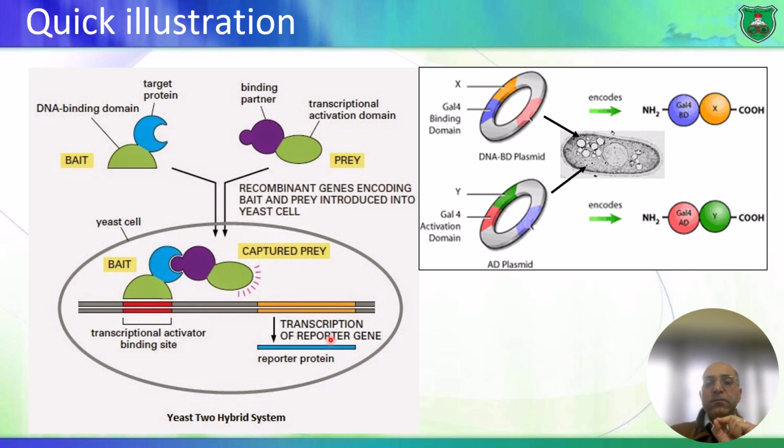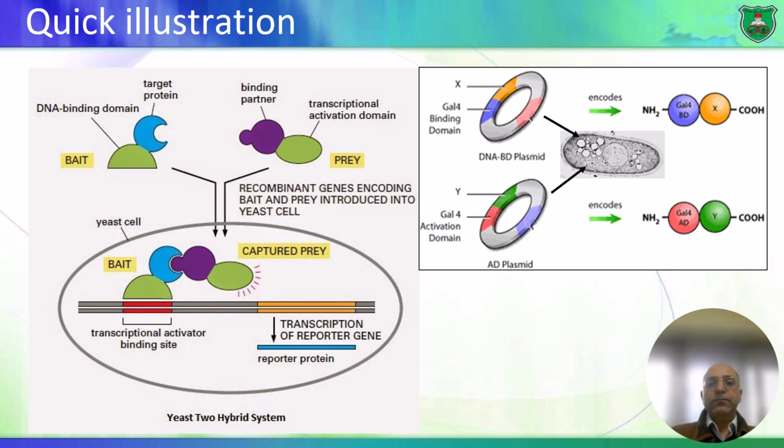If X does not interact with Y, then the DNA binding domain would not be close to the activation domain, and as a result, there would be no transcription of the LACZ gene, no production of beta-galactosidase, no cleavage of X-GAL, no blue product, and the colony would look whitish, not bluish.